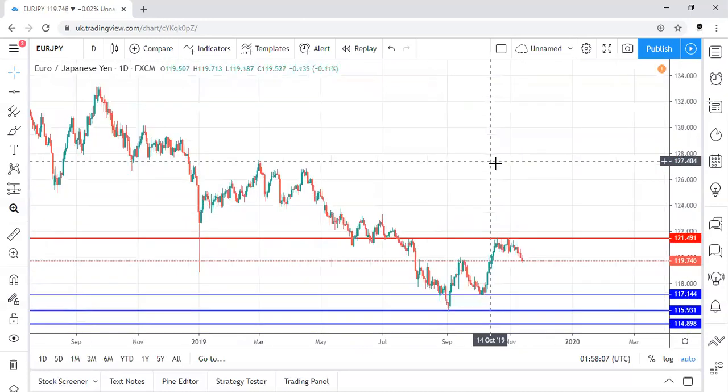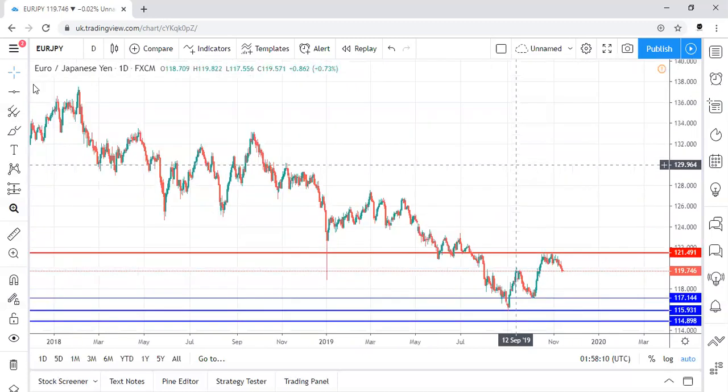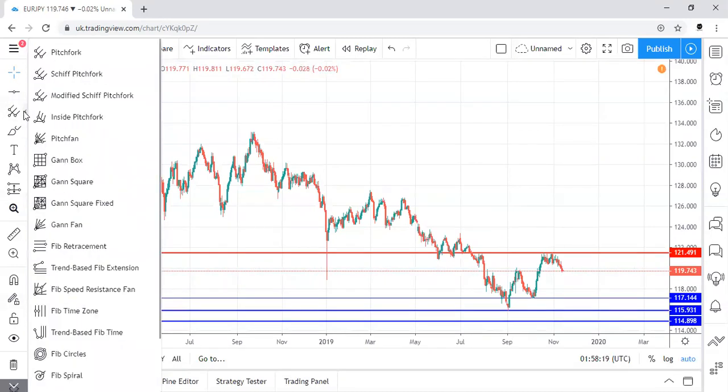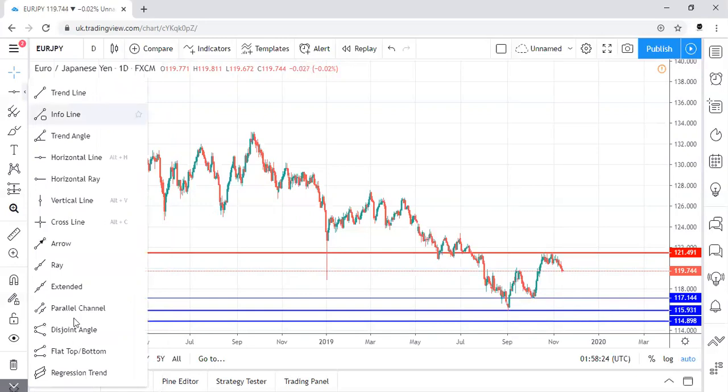I'm going to try to put a trend line channel on this one. A beautiful trend line channel. Where do I find those? Somewhere here. Yeah, somewhere here. Parallel channel is what it's called.